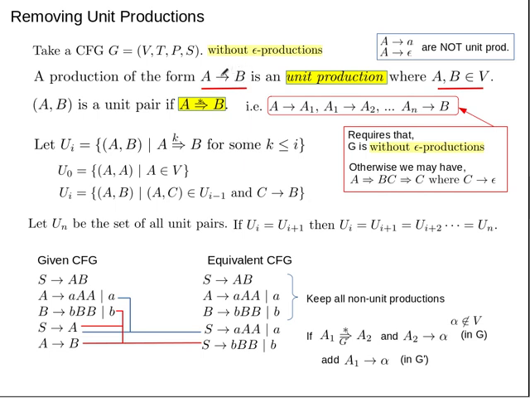And why is this kind of production unwanted? Because it's not really doing anything. It's just changing the name of the variable.